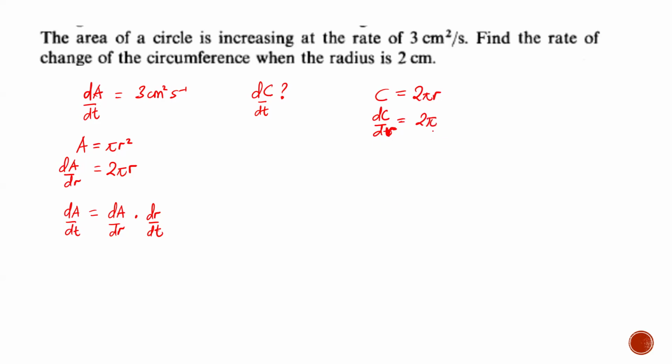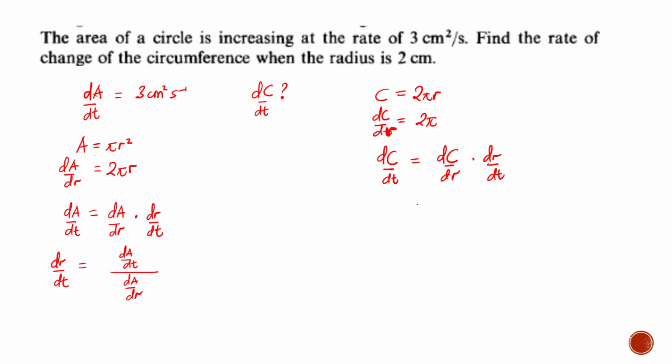If we have dC/dr, we know that dC/dt, which is what is required, would be dC/dr times dr/dt. Now we have dC/dr, so we need dr/dt. But we can get dr/dt from this equation right here, because if you rearrange it, dr/dt would be equal to dA/dt divided by dA/dr.